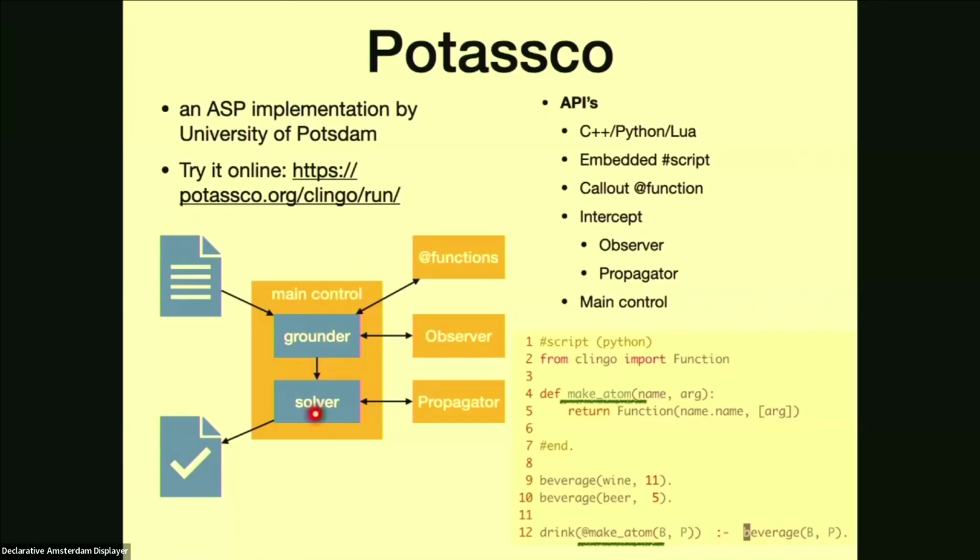And the important thing is to understand that there is grounding and there is solving. And grounding is basically the process of removing all variables. So when you write a logic program using variables, then the grounder says, well, I'm going to look at all the possible values of these variables, and I translate that into all kinds of rules for each value that I find. And then it starts solving.